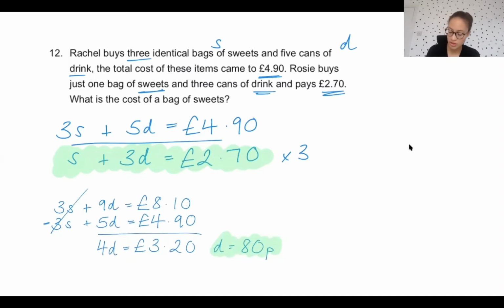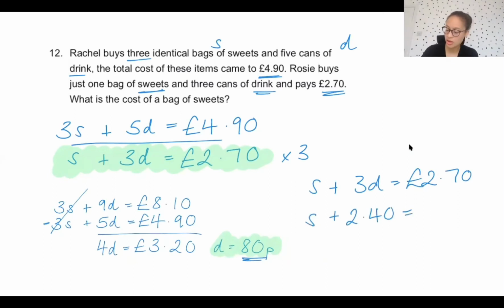So just in case you needed some help, S plus 3D is £2.70. 3 drinks, therefore, if they're 80p each, 3 drinks cost £2.40, plus the bag of sweets is £2.70. I take away £2.40 from each side, and therefore S must be 30p.